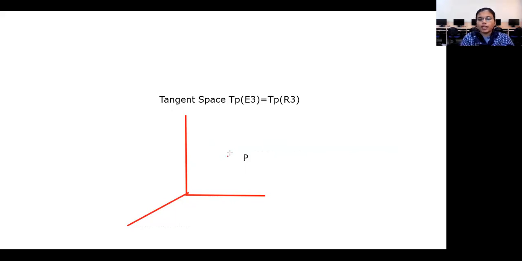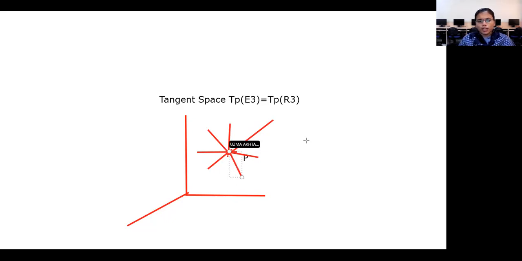That means how many tangent vectors can we draw which have the same point of application P. So everyone must have an answer: we may draw many tangent vectors that have P as a point of application, right?